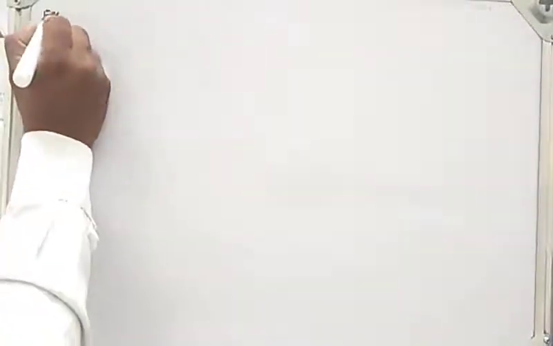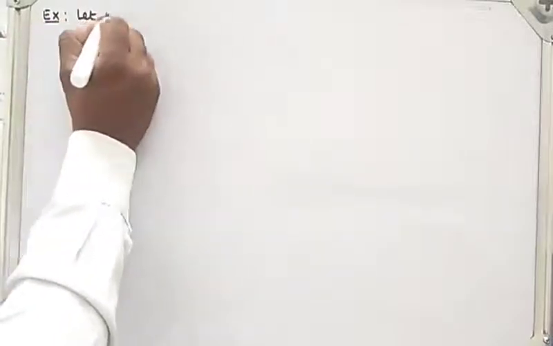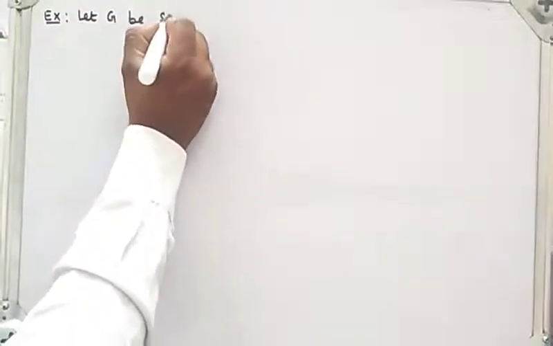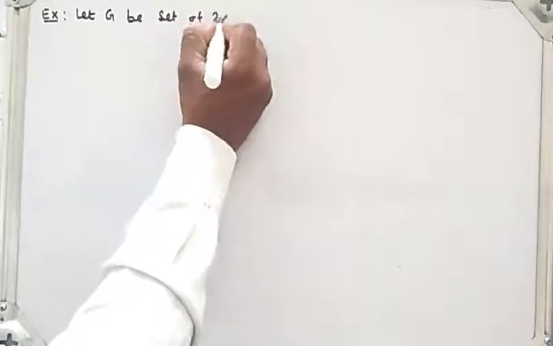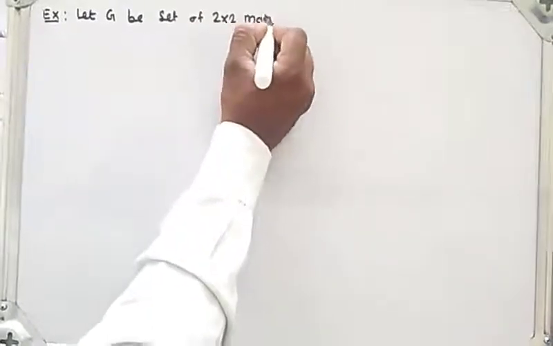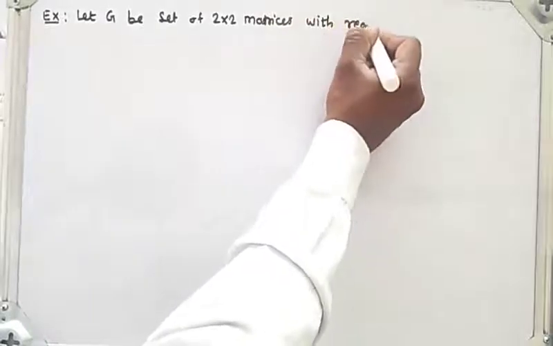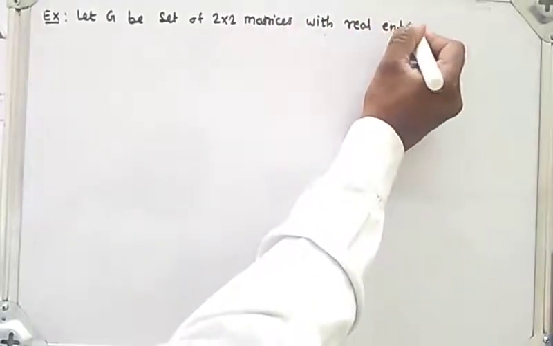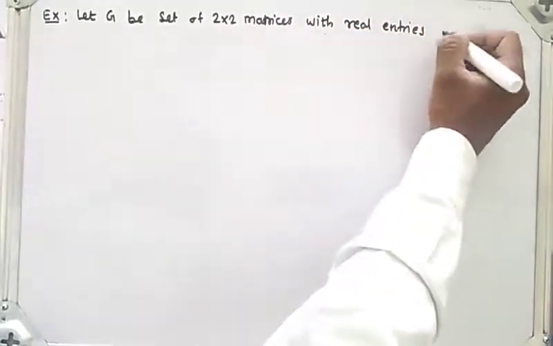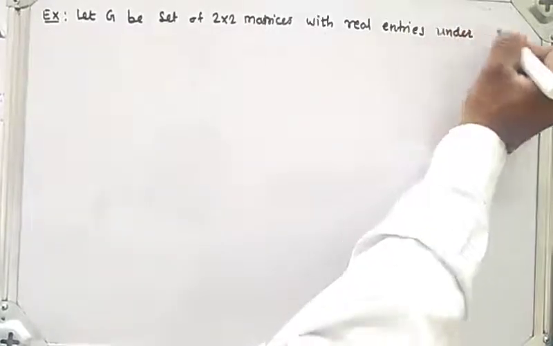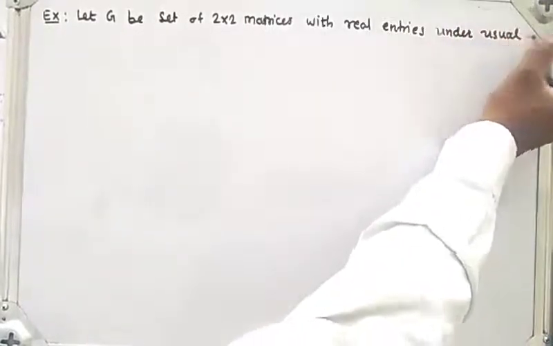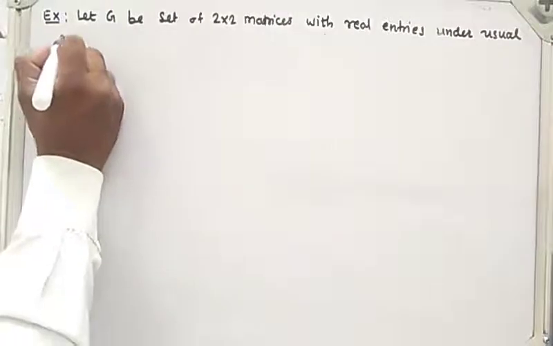Next we will see an example. Let G be the set of all 2 by 2 matrices with real entries under the usual matrix addition.